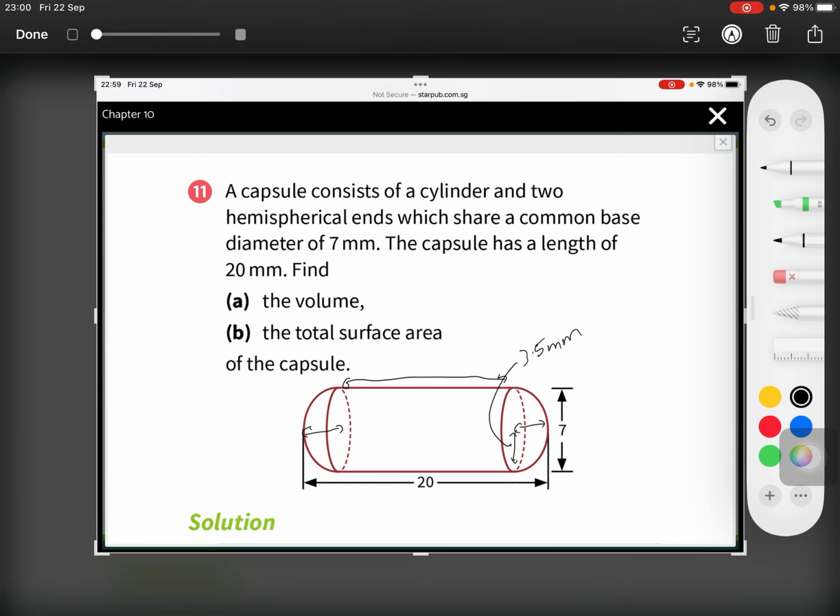So if from the center to this side is 3.5, from this center to the other side will also be 3.5. This means that this side is also 3.5. So if this is 3.5, this is 3.5, these two ends will add up to 7. With the two ends adding up to 7, this tells you that the length of this cylinder is 13 mm, because you take 20 minus 7.